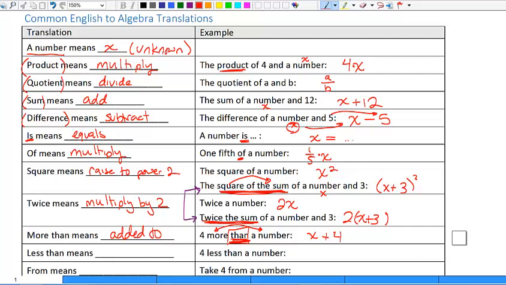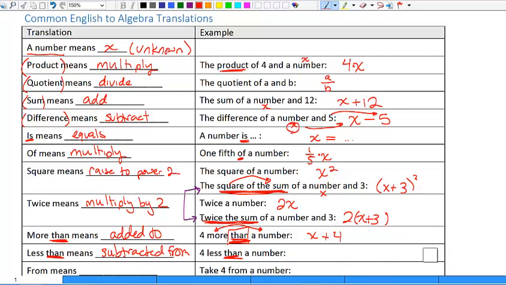Now, in addition, it doesn't matter all that much, but if you do it in subtraction, for the next example, less than, I see that than, okay, less than means subtracted from. Okay, so if I say 4 less than a number, let's go back to our example. If I have a 20-year-old in class and I say I'm 4 years less than you, well, you don't take 4 because it came first in the sentence, 4 less 20, and I'm negative 16 years old. That doesn't make sense at all.